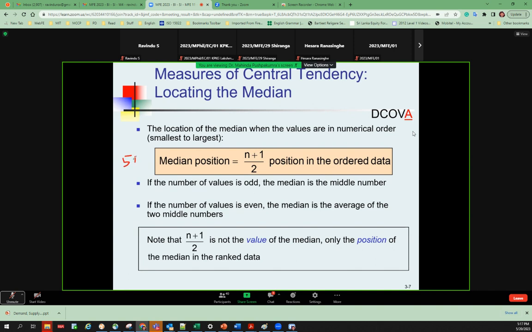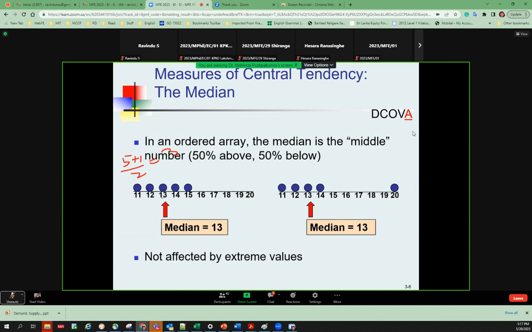Then 5 plus 1 over 2 is 3. That means the median value is the value in the third position. We have 5 observations, plus 1, divided by 2 is 3. 3 is not the median value, it is the median position. The third value is the median.